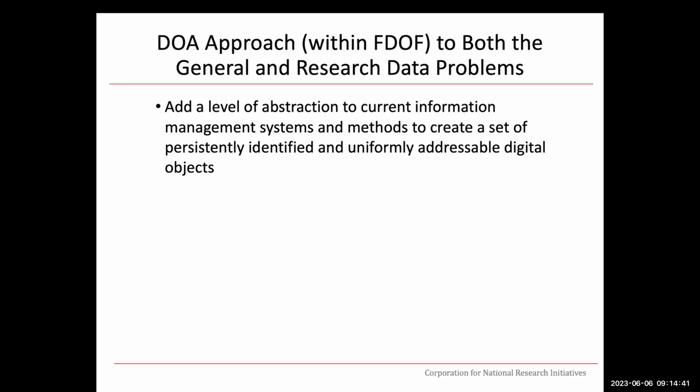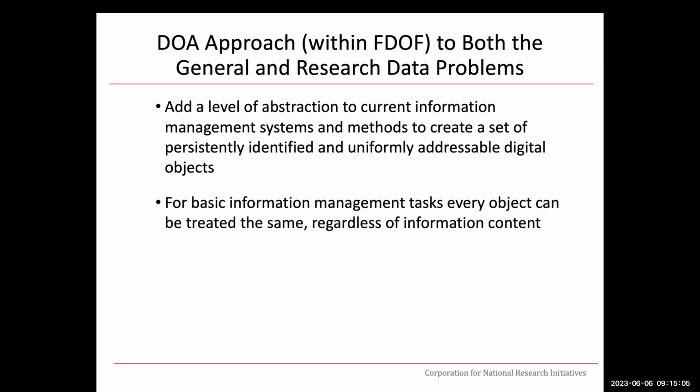This simplicity is the sort of thing we want to apply to information management. We want to create a set of persistently identified and uniformly addressable digital objects. We don't want to have to care what's inside them, how they got created, etc. We just want to be able to name them and know how to use them. For basic information management tasks, every object can be treated the same, regardless of information content.